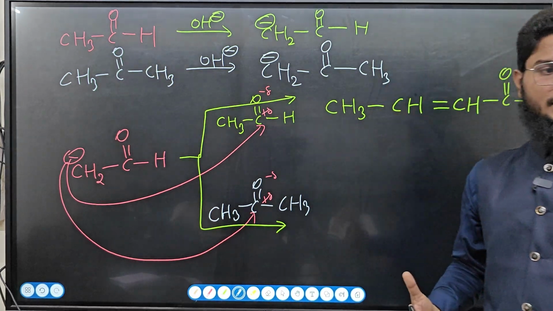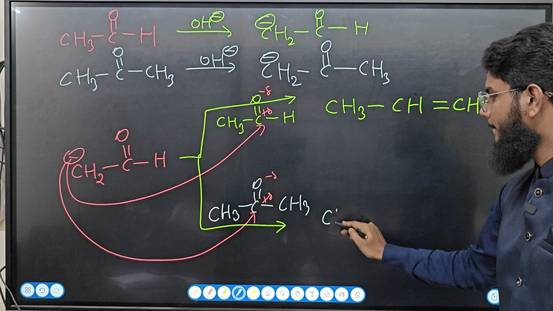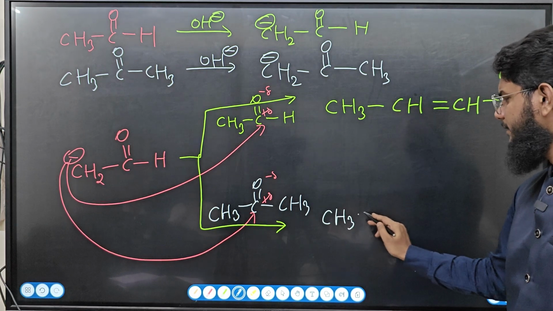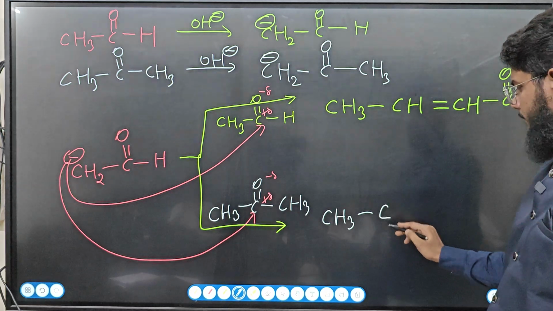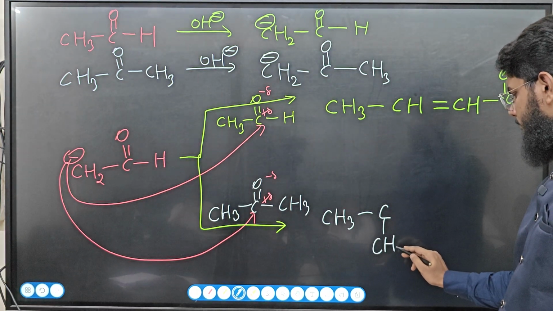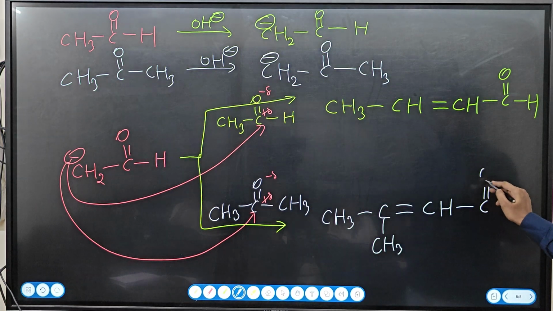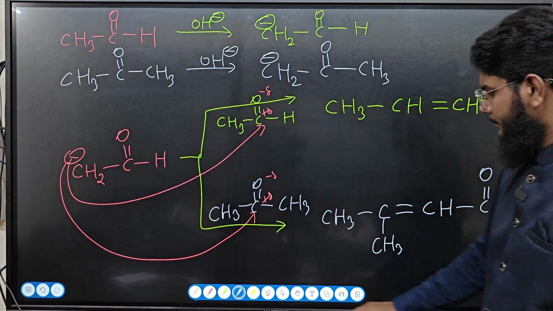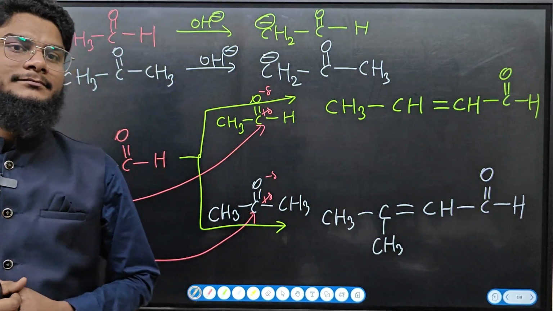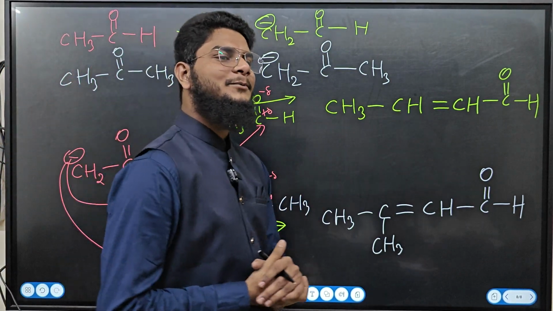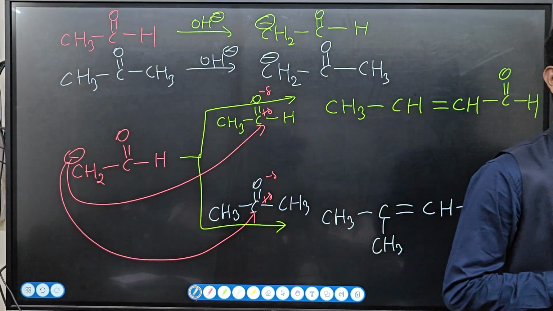Just match with your product, whether same or different, and in this case you will get the product CH3, double bond CH. Did you get the same product or different?